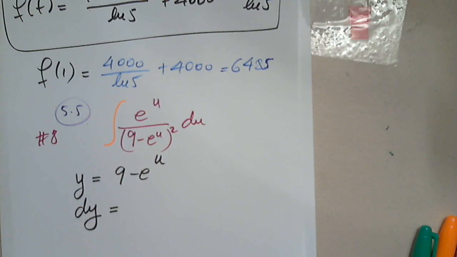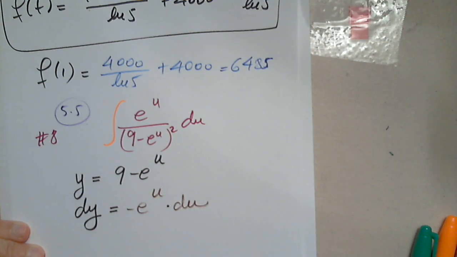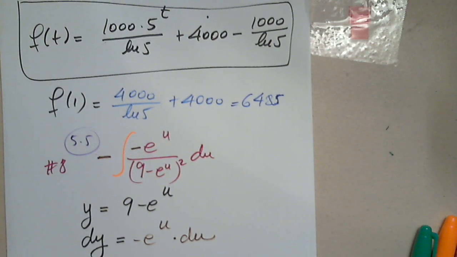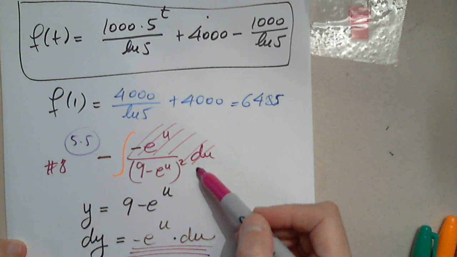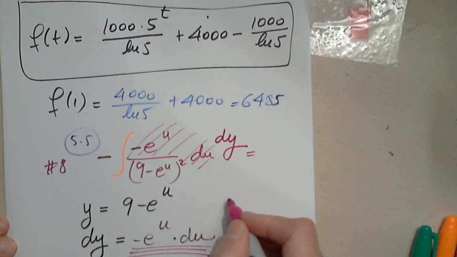And what will I write? So negative e to the u times du. Exactly. Is this in the problem? Of course it is. I only need to multiply by -1 twice. So now this is all this. So we have a minus in front.